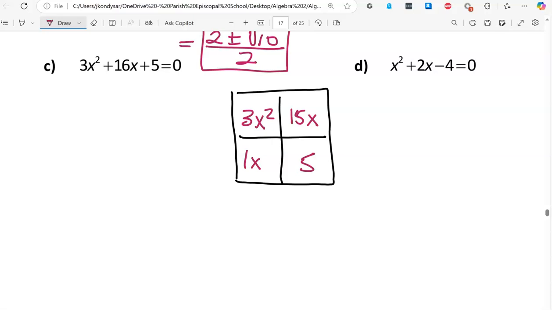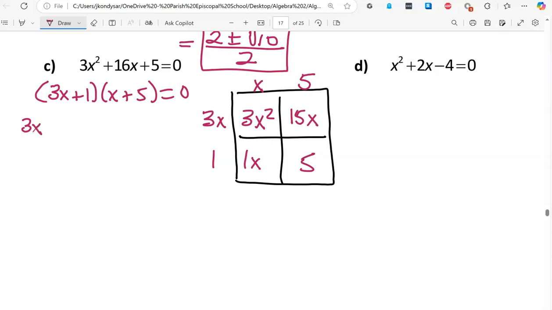All right, the top row has a common factor of 3x. The bottom row has a common factor of 1. The left column has a common factor of x, and the right column has a common factor of 5. So our trinomial factors into 3x plus 1 times x plus 5, and the product of those factors is equal to 0, so that means that one of those two factors must be 0.